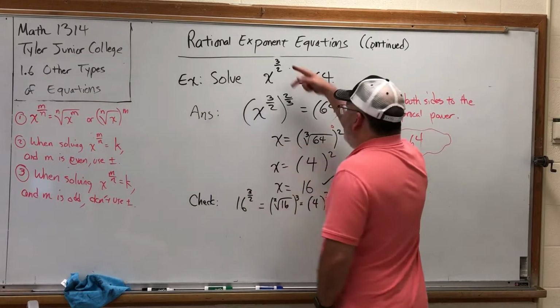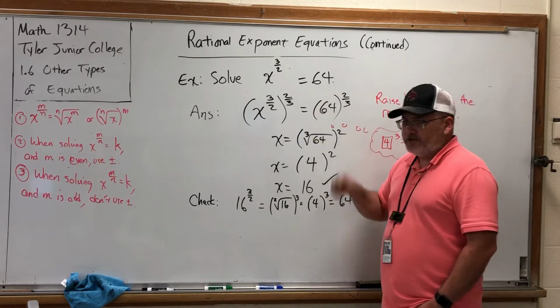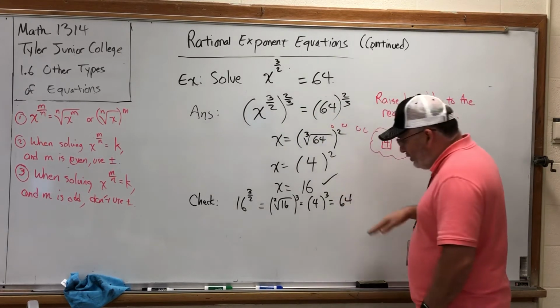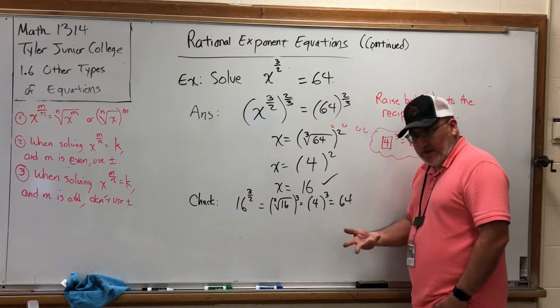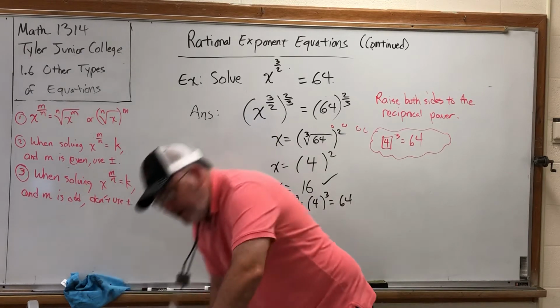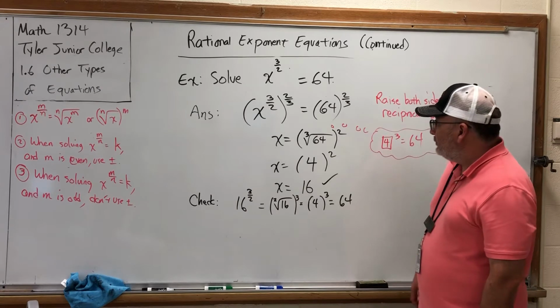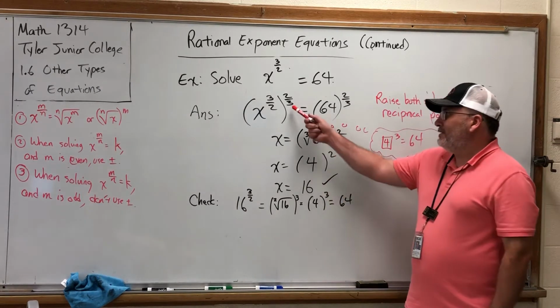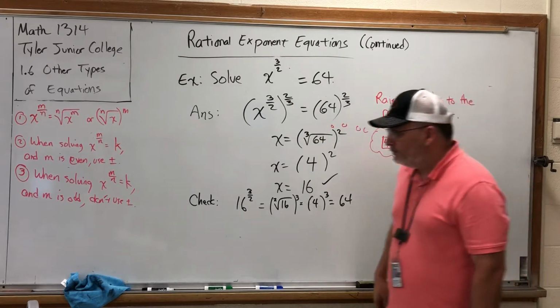If the numerator is odd, then when we use the reciprocal power, we are cube rooting both sides. Cube rooting does not invoke a plus minus, and in general, odd roots do not invoke a plus minus. Only even roots do. And the root we take of both sides ends up being the denominator of the reciprocal, which is the numerator of the original.